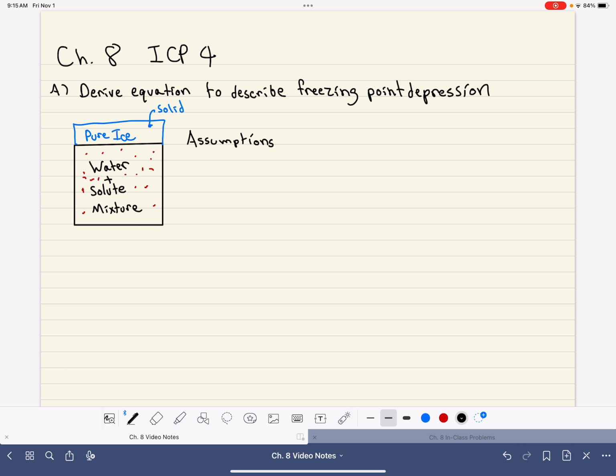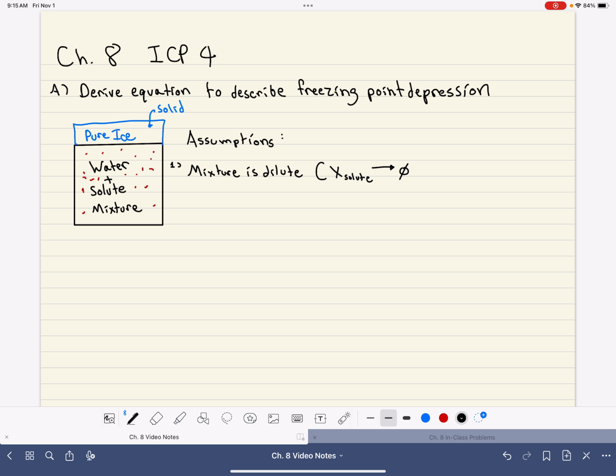The first assumption we're going to make is that our mixture is dilute. Essentially, we would say that the mole fraction of the salt in the mixture is basically 0.